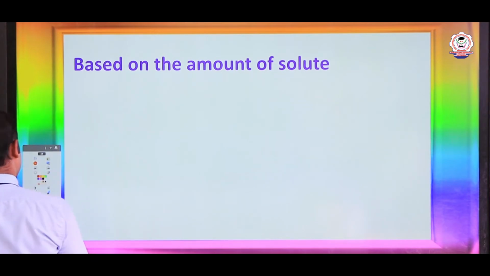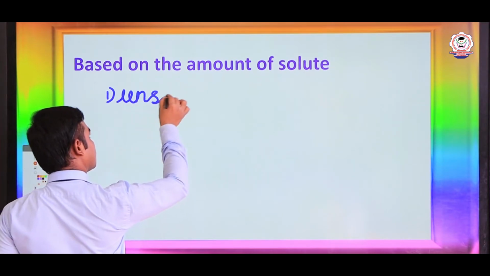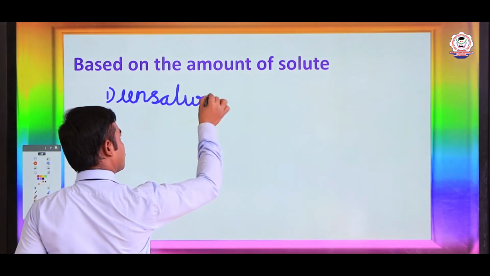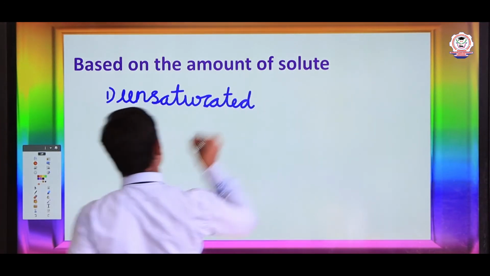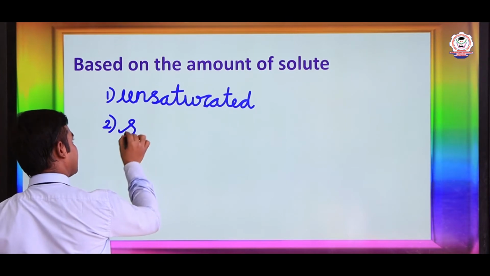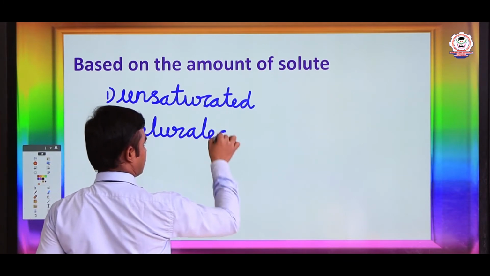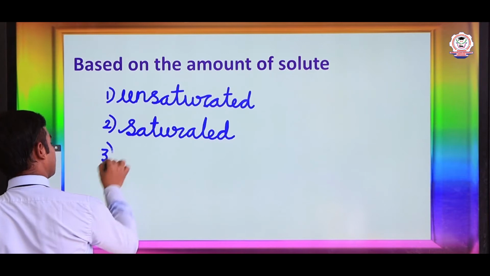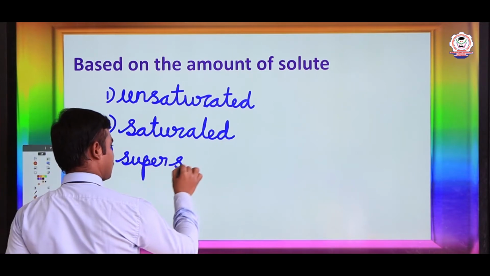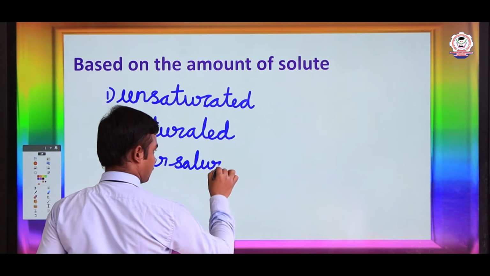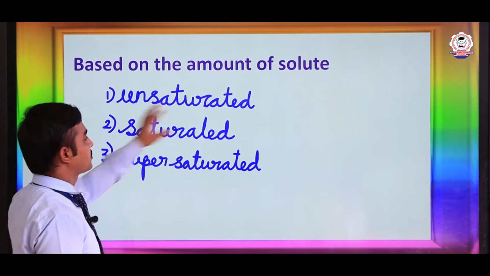So, there are three types of solutions based on the amount of solute present: one is unsaturated, the next is saturated, and the third is supersaturated.